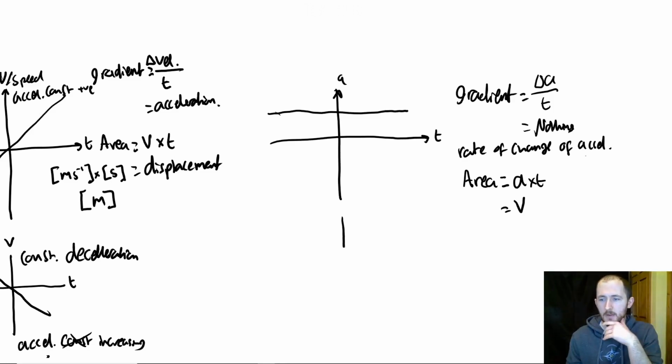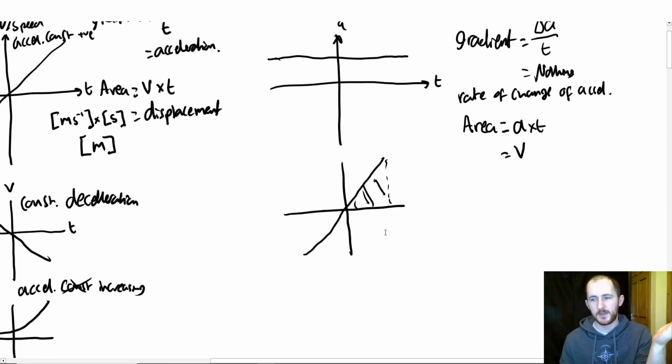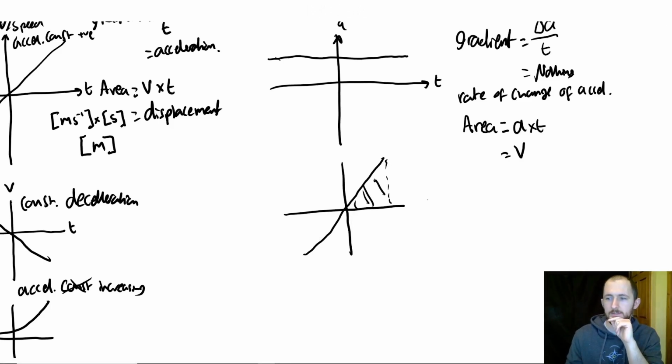However, it also works if you have an increasing acceleration. The area under this curve here is also the velocity at this point, which seems weird because obviously since it's accelerating, the velocity is changing. However, keep in mind it would give you the average velocity.